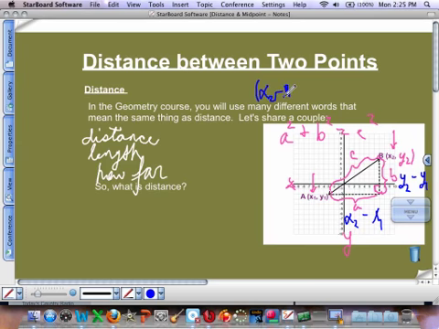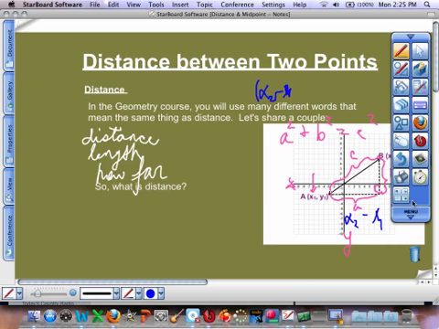Let's try that again. I get x2 minus x1 squared, because x2 minus x1 is a.